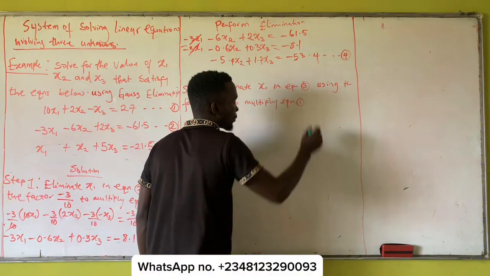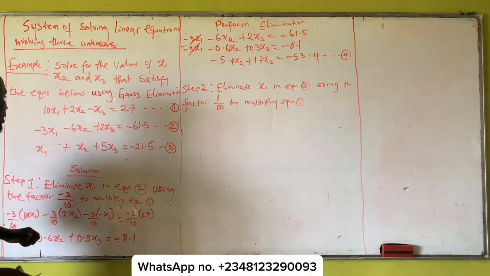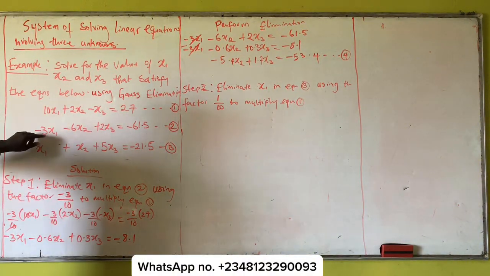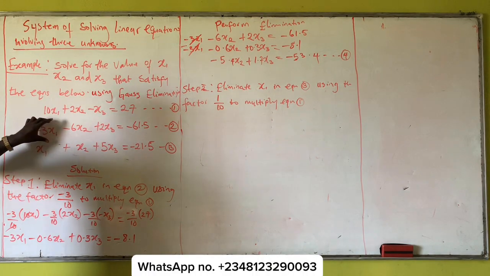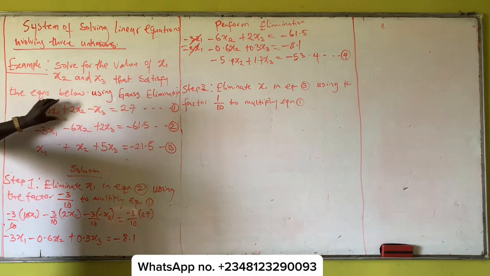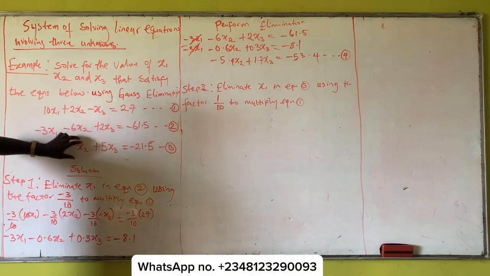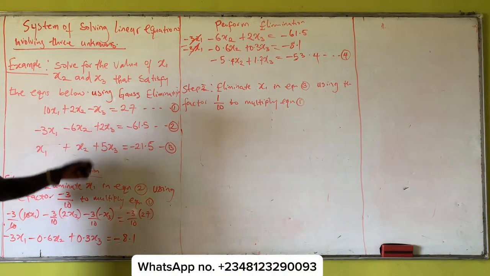equation 1. Remember, to remove the x1 terms, use your first equation. To eliminate this one and this one here, you perform the elimination using this equation and the one that you want to eliminate it from.